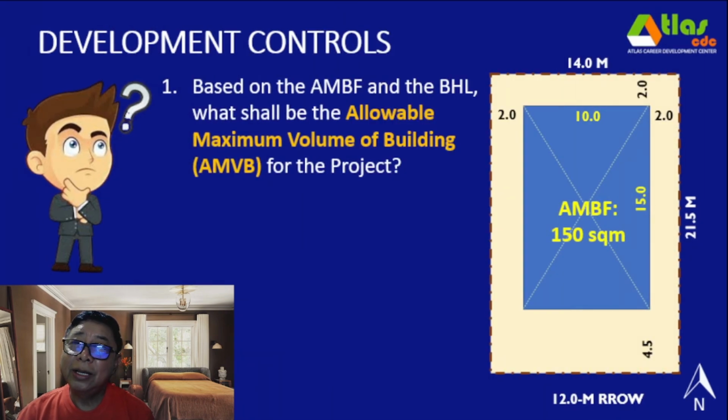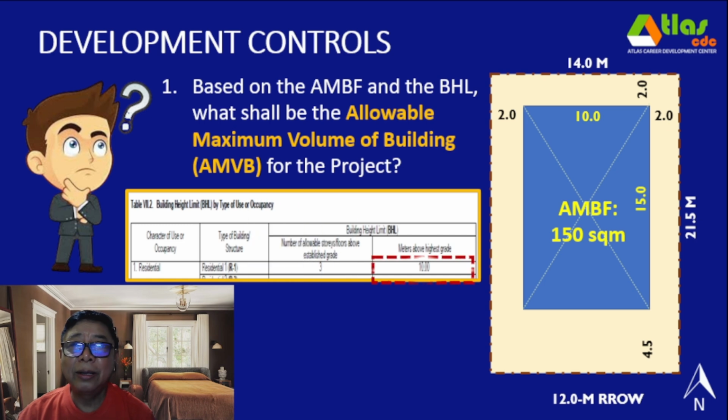So let us first compute the AMVB based on the AMBF and the BHL. We are going to make use of our value of the AMBF, which is 150 square meters, and the BHL. As per table 7.2, our BHL for R1 will be 10 meters above the highest grade. So simply, the AMVB here is your AMBF multiplied by the BHL.